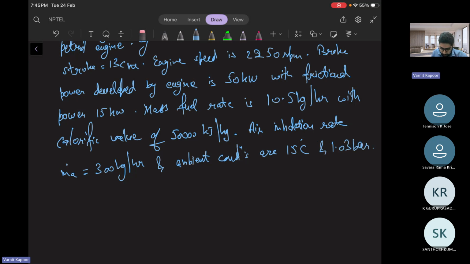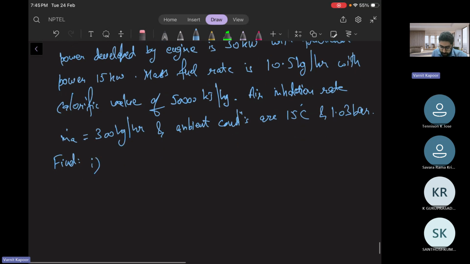Find first, mechanical efficiency. Second, brake thermal efficiency. Third, relative efficiency.